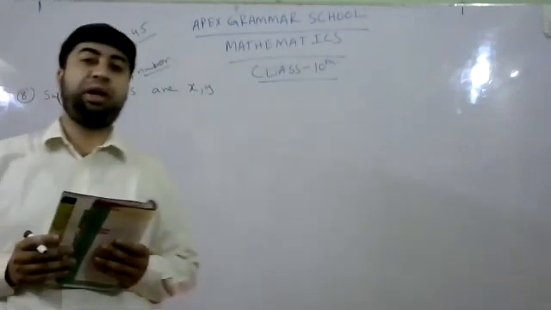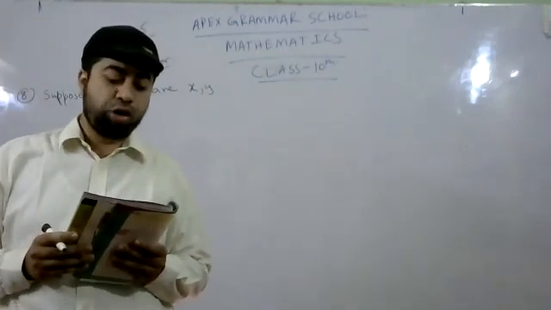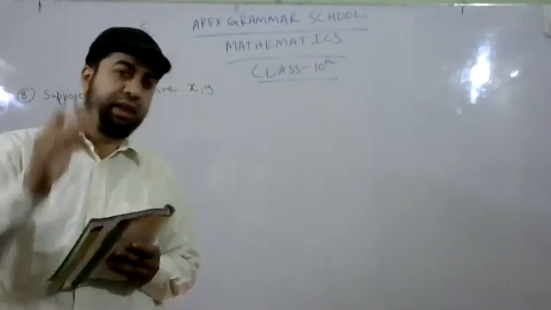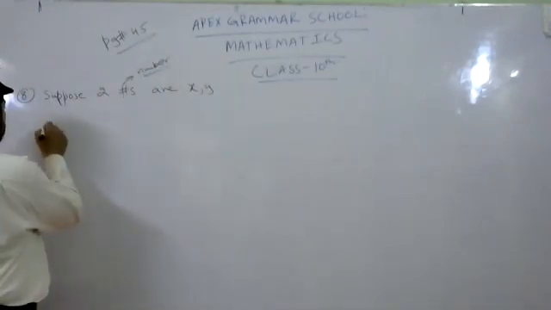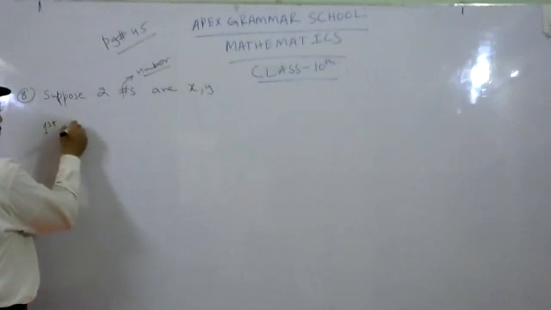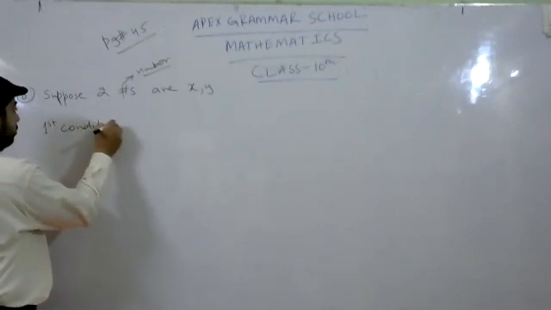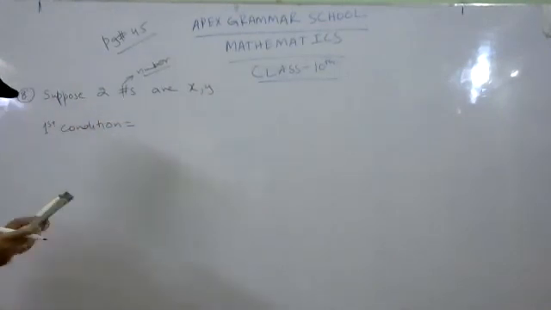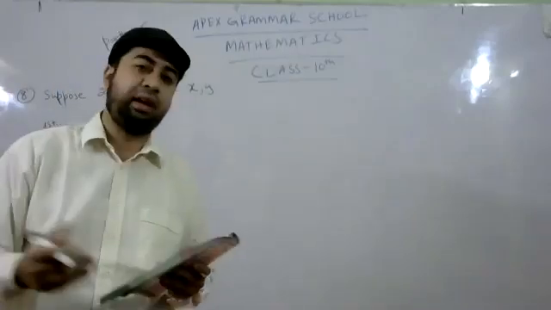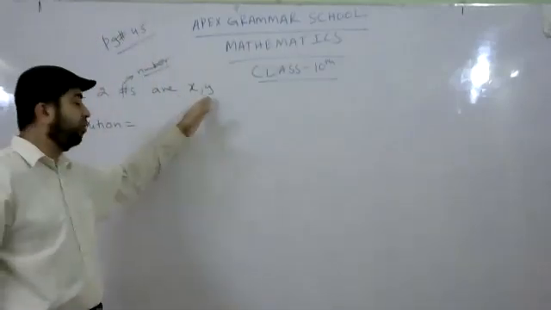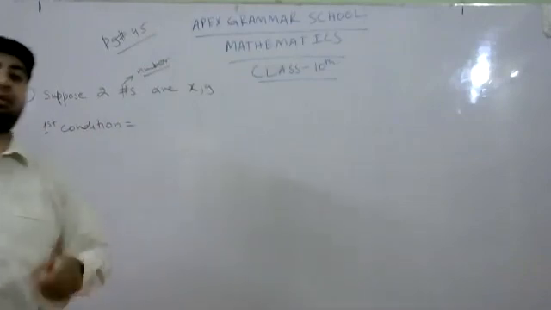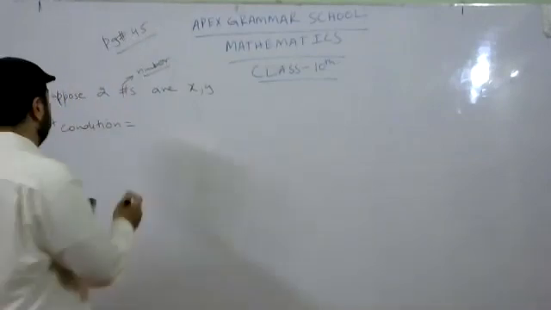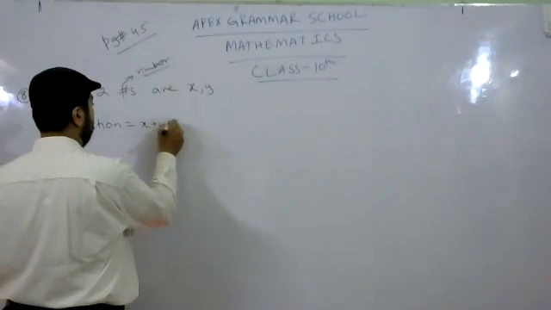We don't know the value of x and also of y. The first condition is their sum is 9. Meaning x and y, the sum, the addition, answer is 9. So you can say that x plus y is equal to 9.